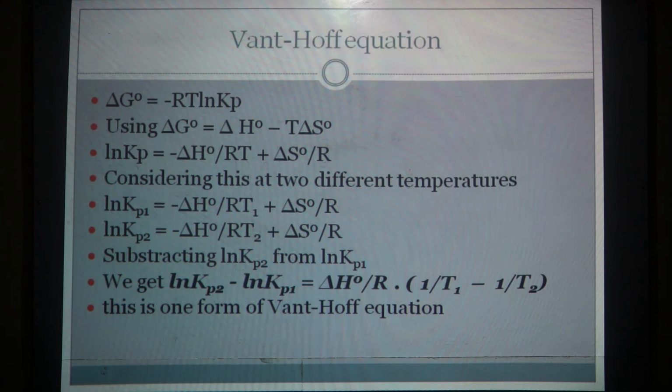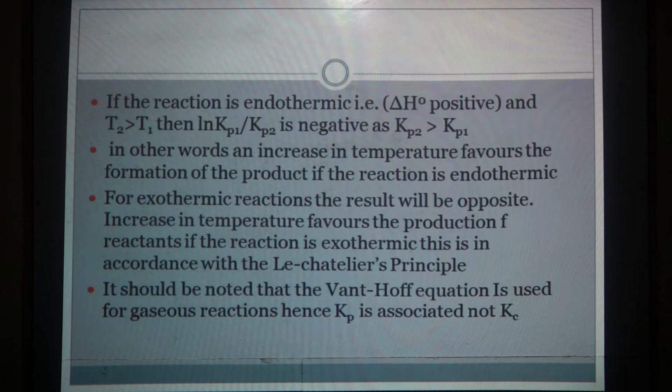Using delta G0 is equal to delta H0 minus T delta S0, ln Kp is equal to minus delta H0 upon RT plus delta S0 upon R. Considering these at two different temperatures, ln Kp1 is equal to minus delta H0 upon RT1 plus delta S0 upon R. ln Kp2 is equal to minus delta H0 upon RT2 plus delta S0 upon R. Subtracting ln Kp1 from ln Kp2, we get ln Kp2 minus ln Kp1 is equal to delta H0 upon R into (1 upon T1 minus 1 upon T2). This is one form of Van 't Hoff's equation.